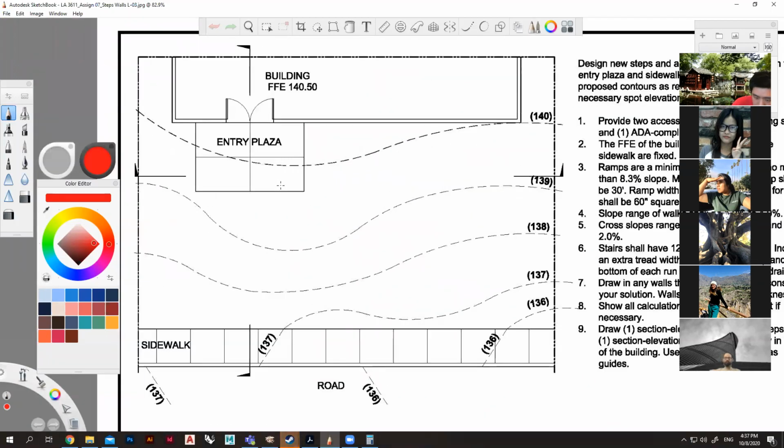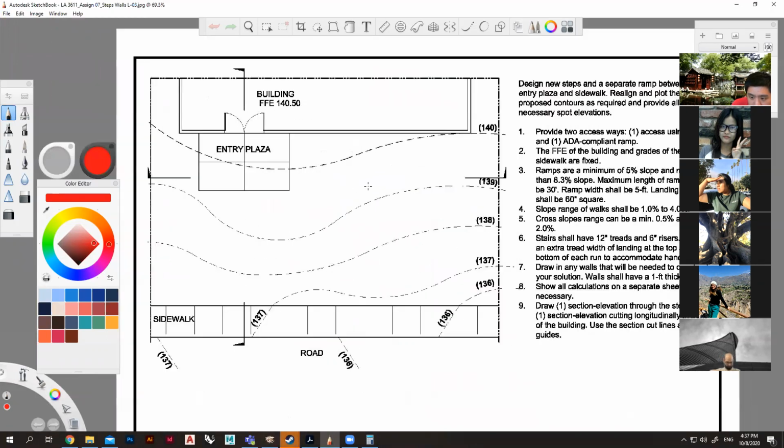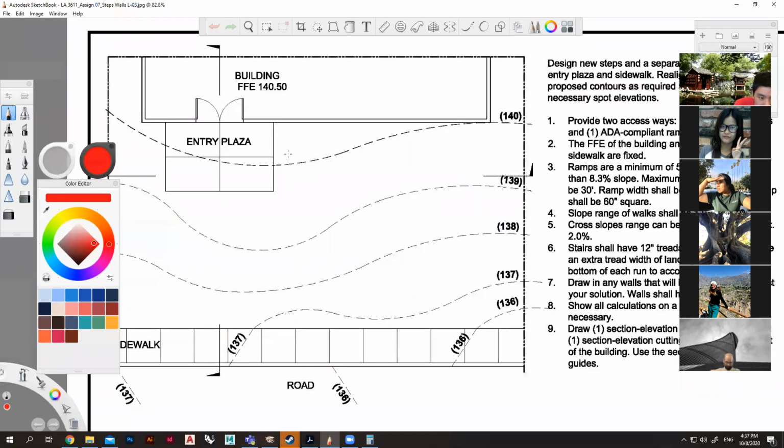So the 3rd page, what you want to do is find out how long your ramp has to be, and then understand where you want to put your walkway. So you can put it here, you can put it here, you can put it here, it doesn't really matter. And for the ramp, you can do something like this, and usually that will work.